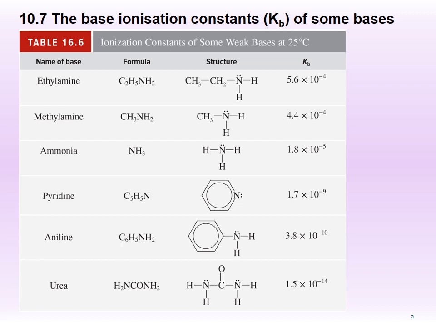Aniline is an aromatic amine. Pyridine is the solvent used in the iron(III) chloride test for phenols. As mentioned in Chapter 7, all the amines are weak bases, but the aliphatic amines are stronger bases than aromatic amines. Now you can convince yourselves of this when you see their Kb values.